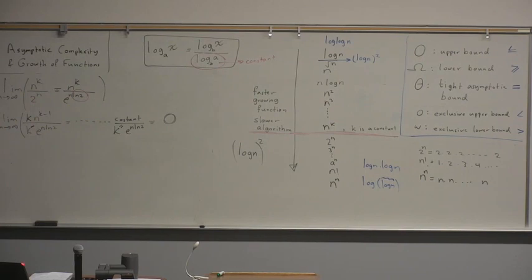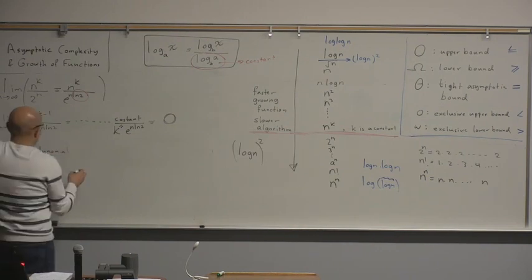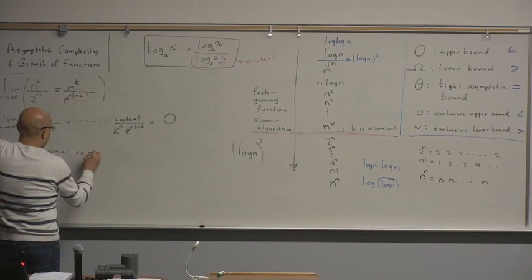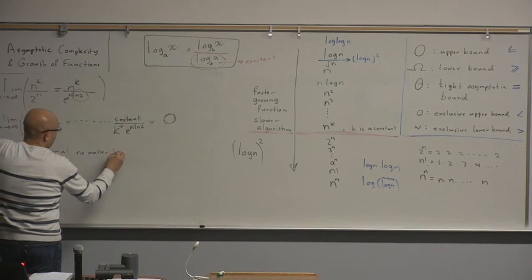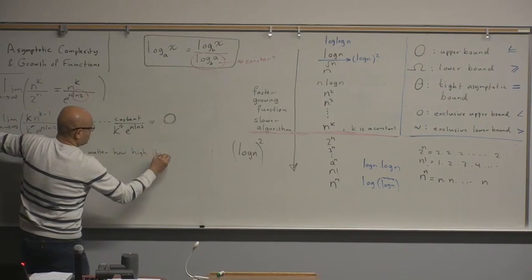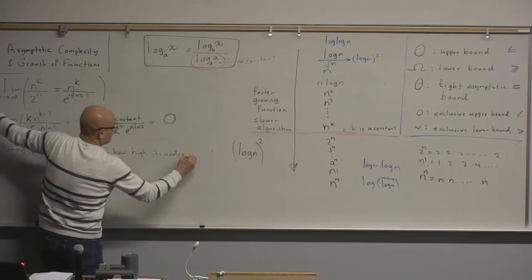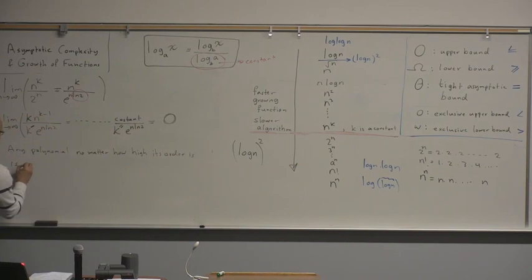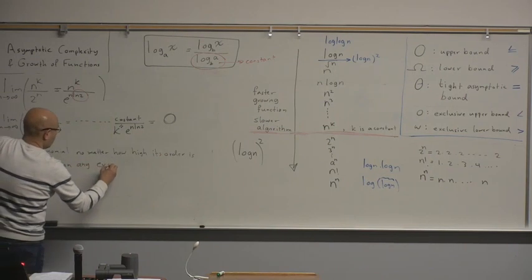So any polynomial, no matter how high its order, is smaller than any exponential.